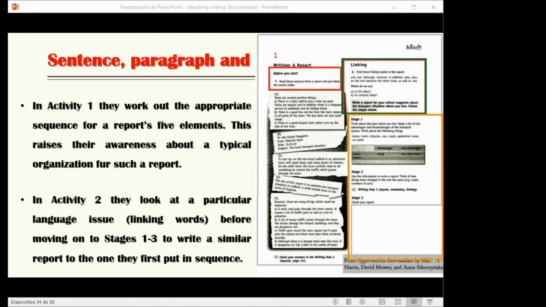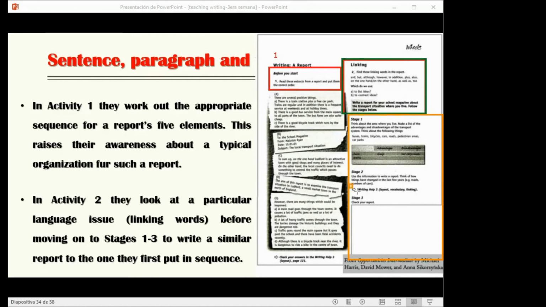Think about the following things: buses, trains, bicycles, and so on. So they need to complete the advantages and disadvantages. Then in stage 2, use the information to write a report. Think of how things have changed in the last few years. All right.